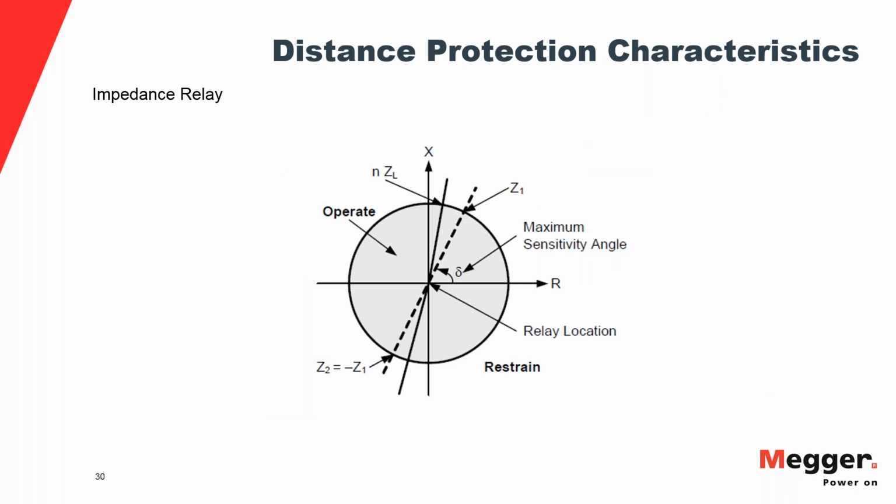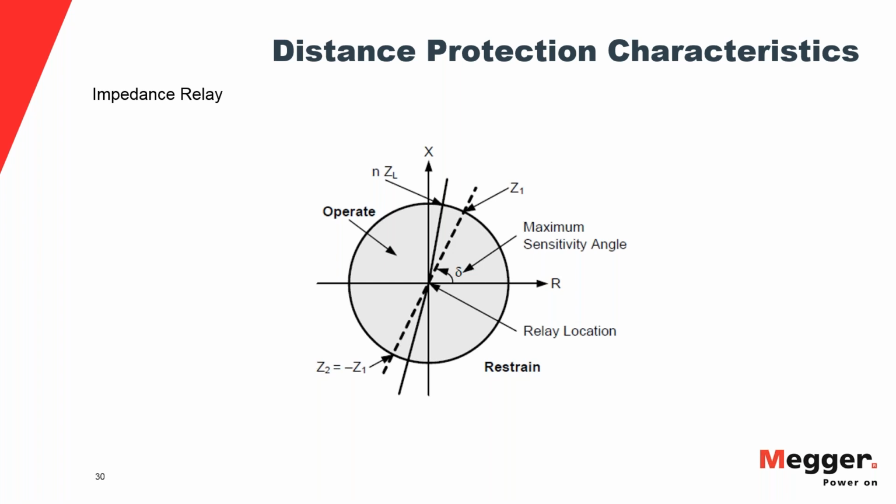So now let's talk about the characteristics that are used on distance protection. The impedance relay, which is apparently what we are talking about, is the, let's say, natural extension of the concepts that we are talking about up to this point. Why?